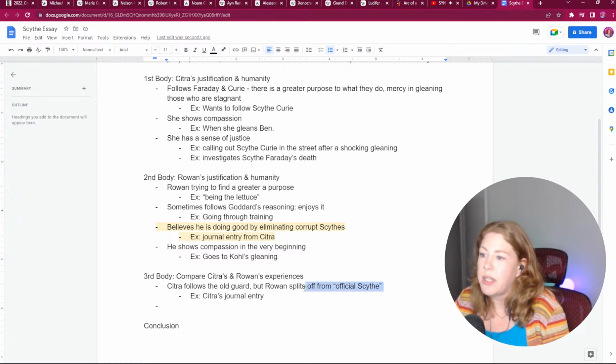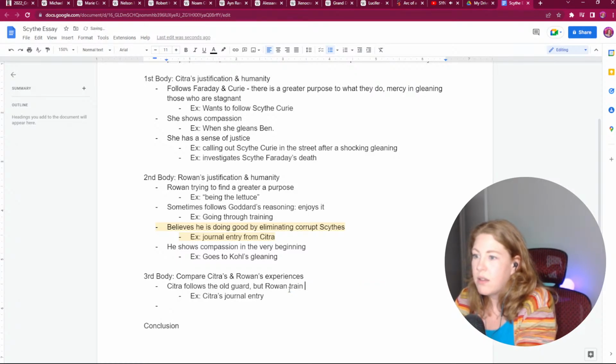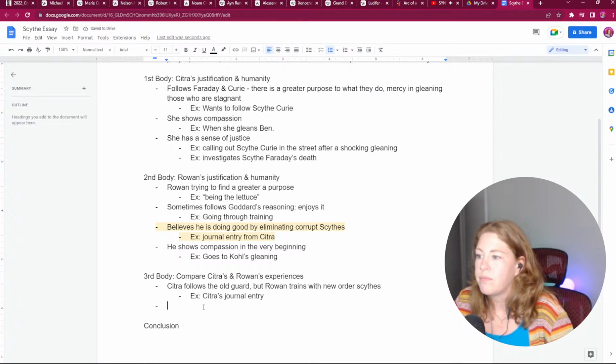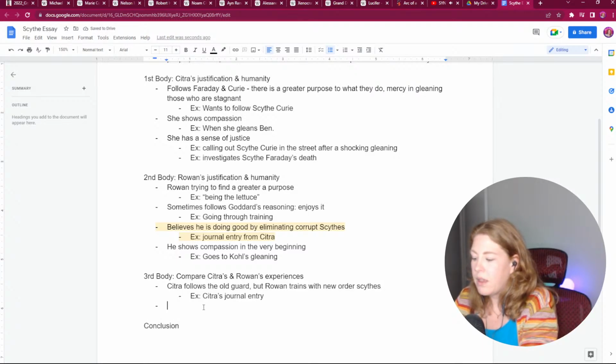Well, we could say he trains with the new guard, with the new order. Citra, let's see.